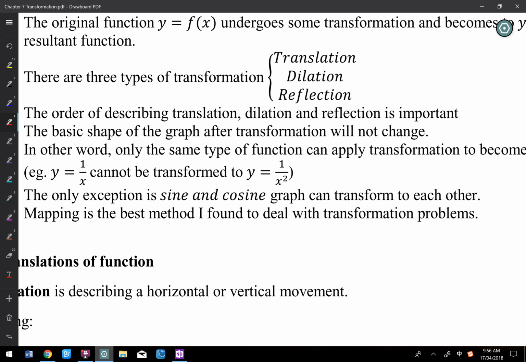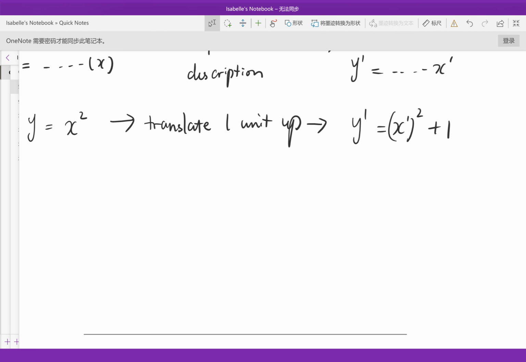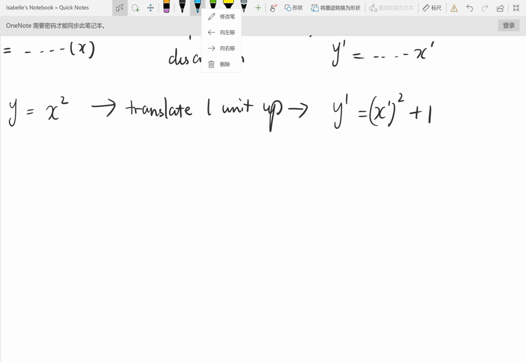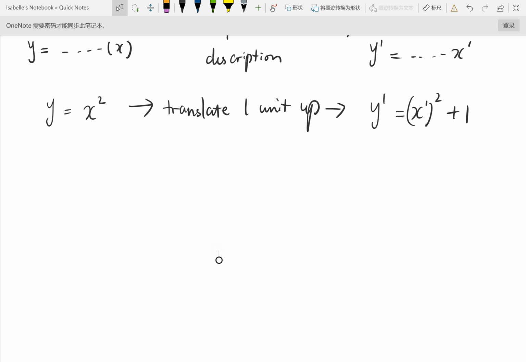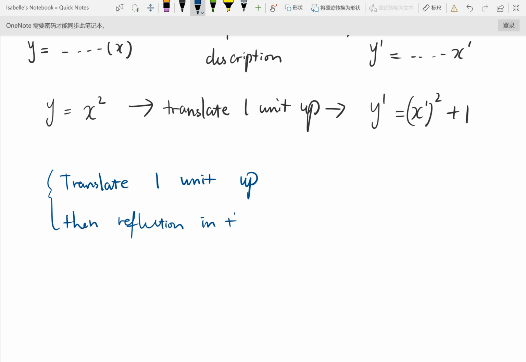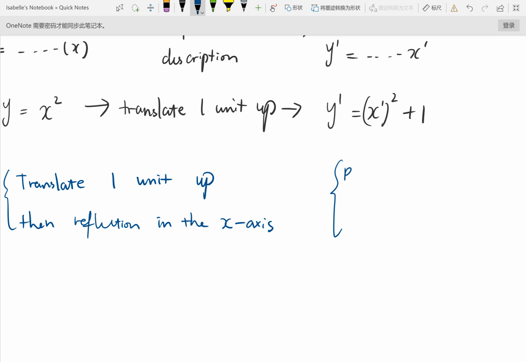In other words, if I say translate 1 unit up, then reflect in the x-axis, that will be different from reflect in the x-axis, then translate 1 unit up.